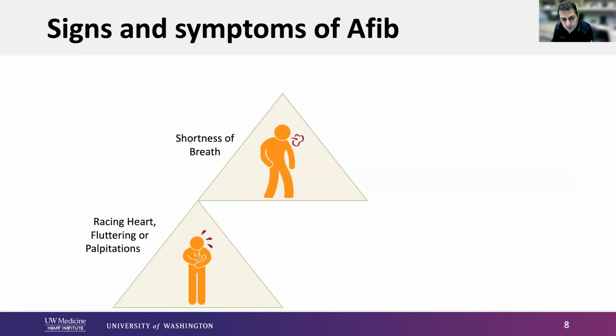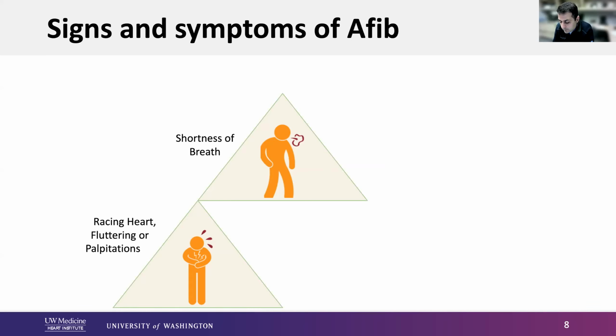Another group of patients will also experience a racing in their heart. They feel like there's a rapid pulse, or they can feel that their heart is beating fast in their chest. Some describe also another chest feeling of fluttering or butterflies, or a horse that's racing inside the chest.